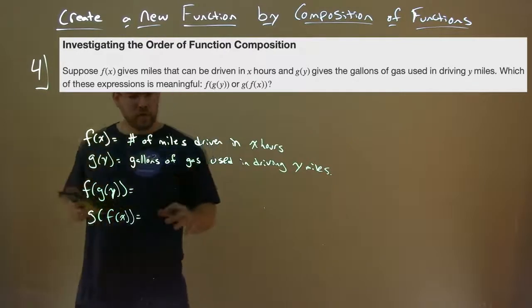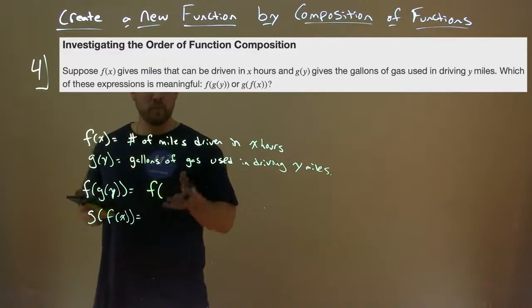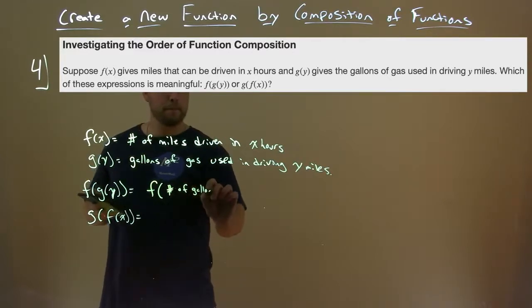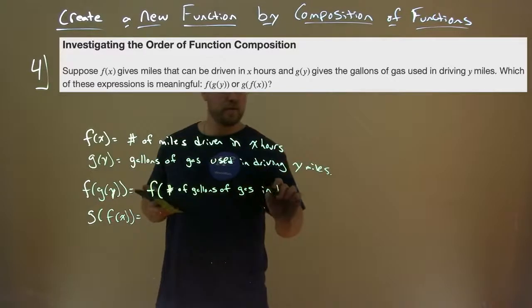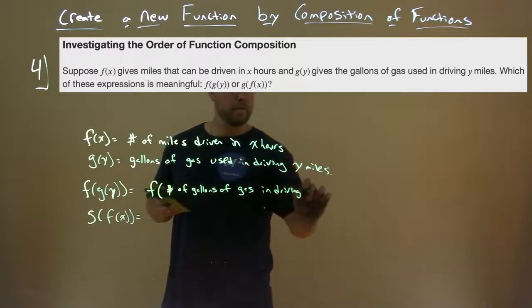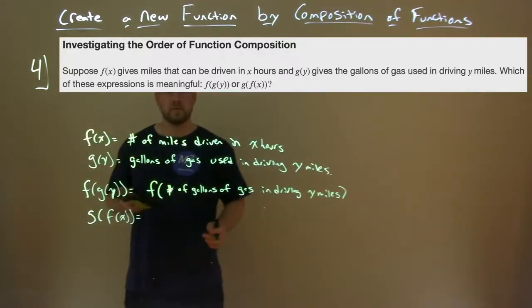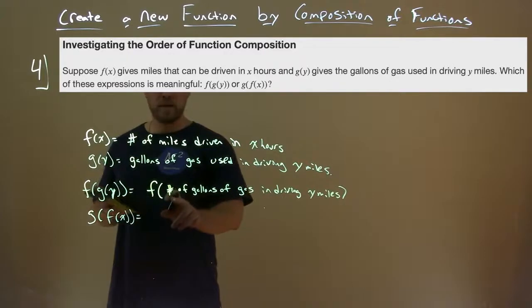So if we interpret that, we're plugging in as input to our function f the number of gallons of gas used in driving y miles. Well, that's kind of weird, because what's the input for f of x?